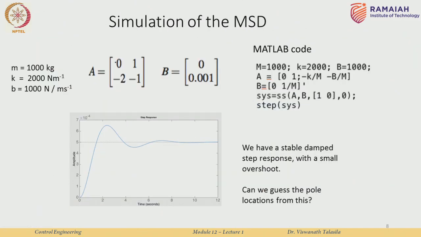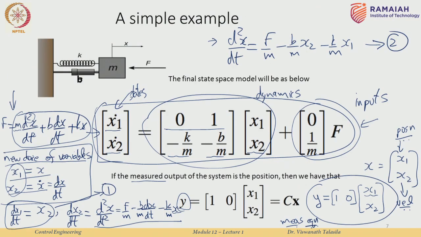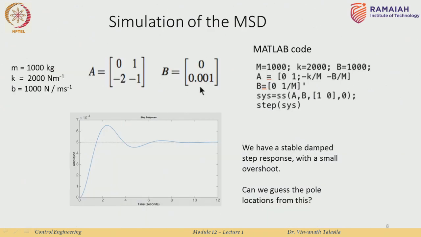essentially what you are going to get is 0, 1, minus 2 and minus 1. And then if you look at these inputs over here, I have a 1 divided by m. For the moment, let us assume f is a unit step force. So f is equal to 1, and 1 over m just becomes 0 and 0.001. So this is the A, this is the B, and we will see what these are later. I will run through the code a little bit later.